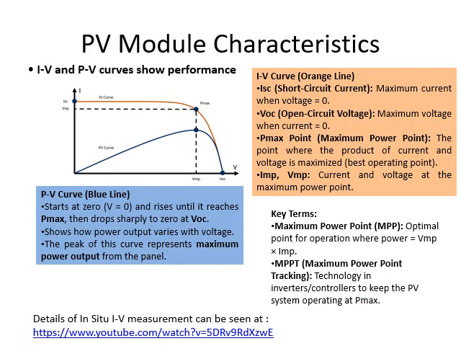Now we will look into the widely used terminology relevant to PV modules. You will be introduced to the IV and PV curves. Before we begin with these curves, I just want to let you know that there are two parameters. One is ISC, short circuit current, and the other is VOC, open circuit voltage. VOC means the maximum possible voltage when current is 0, and short circuit current is the maximum current when voltage is 0.